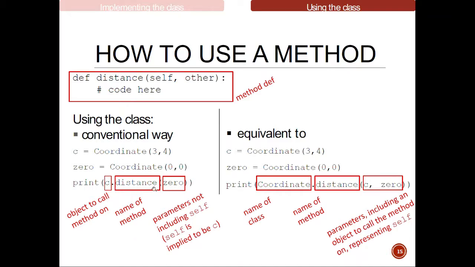We're calling the distance method and we're taking it from the variable or parameter 0. This is also equivalent to using the coordinate class. So we use the name of the class, name of the method, and the two parameters that we're trying to use. So both of these can be applied and they're both valid. This is obviously the more intuitive way of calling the method on a particular instance of a class.